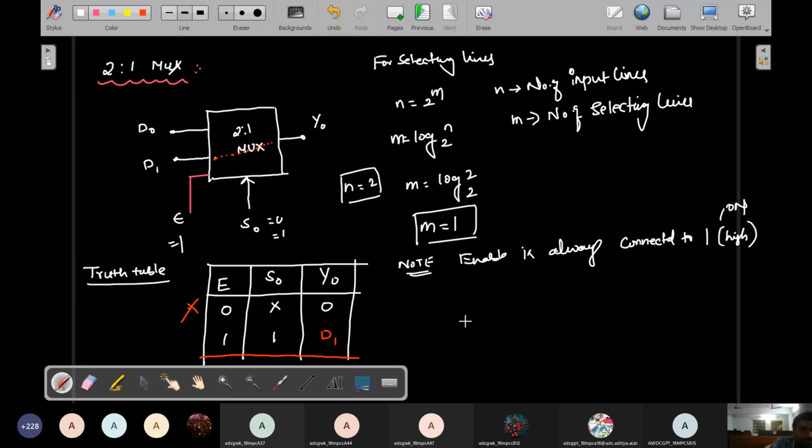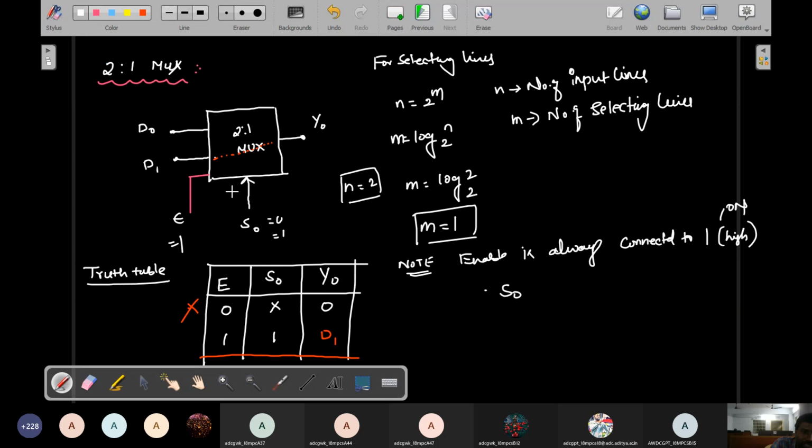In our textbook they have a truth table where it is always in high condition, so in the truth table I am not representing E because there is no use of E. So directly we will write the selection condition.